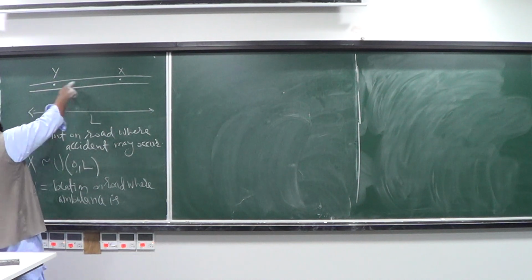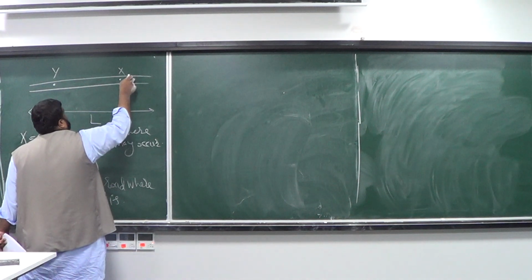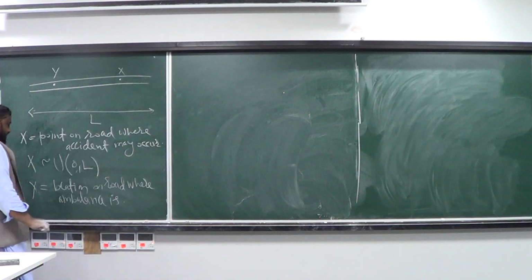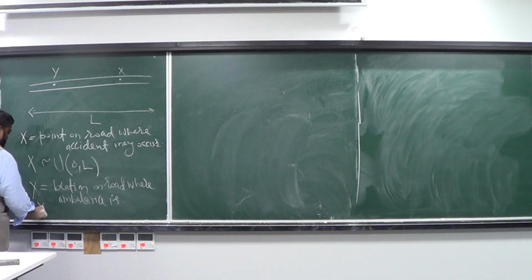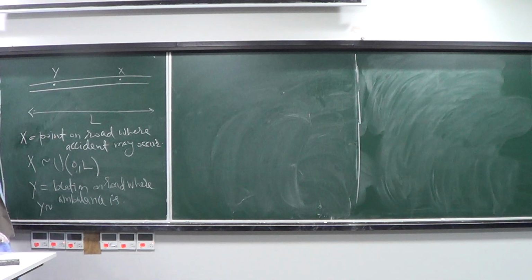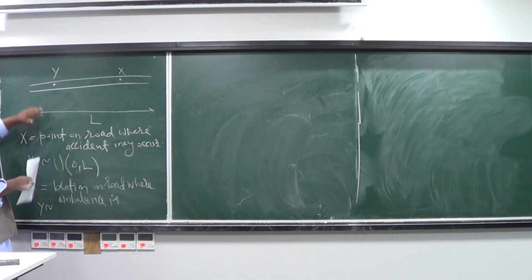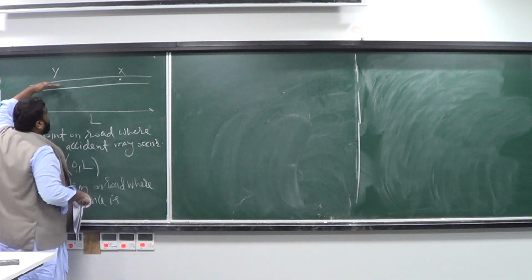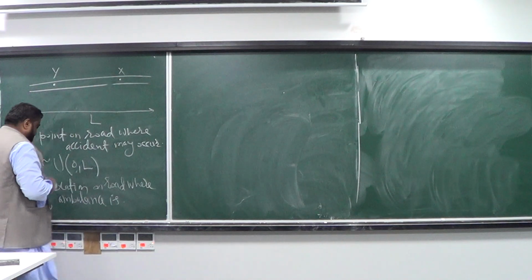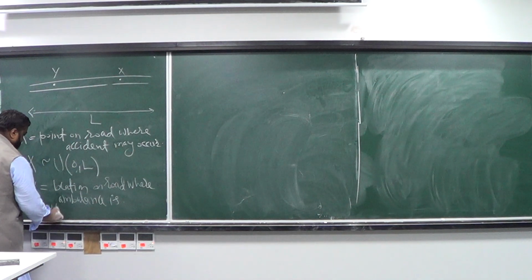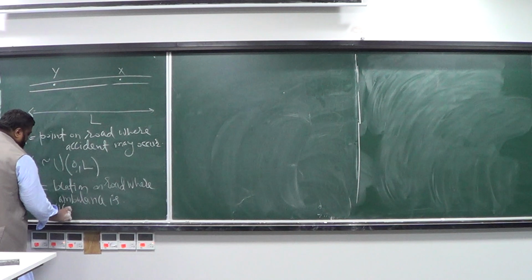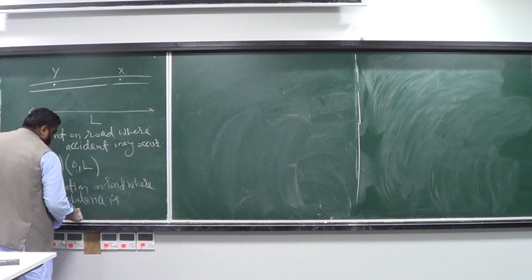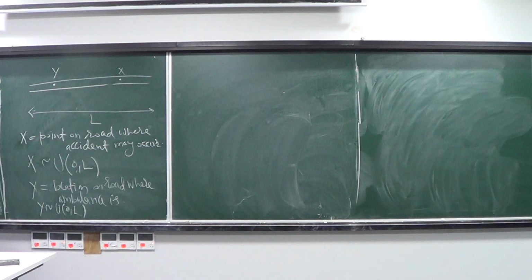So the ambulance can be here, and the accident can be here, and so on. And for Y, we are assuming that it also has a uniform distribution. In other words, the ambulance can be at any point on this road, so Y has a uniform distribution over the interval 0 to L.